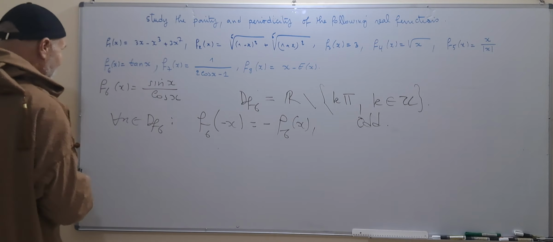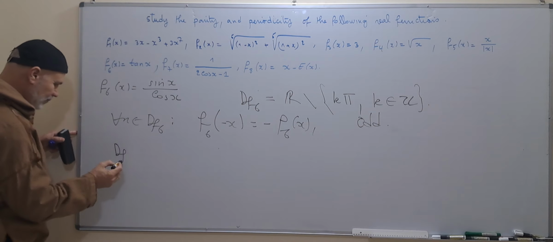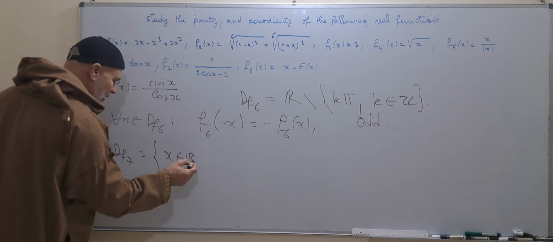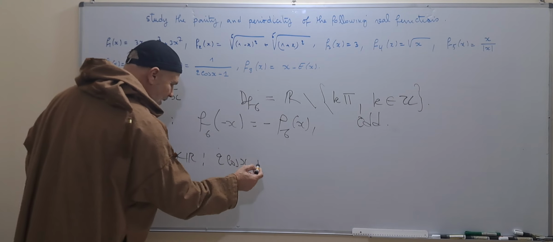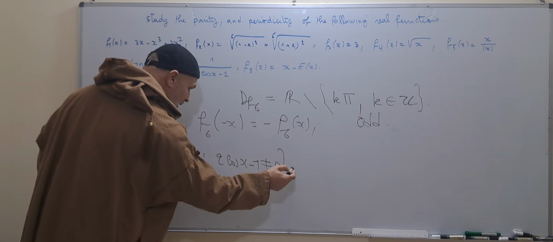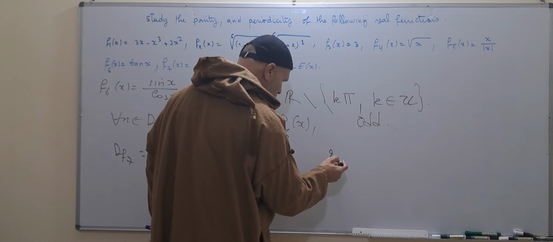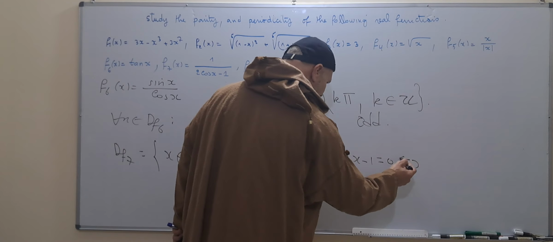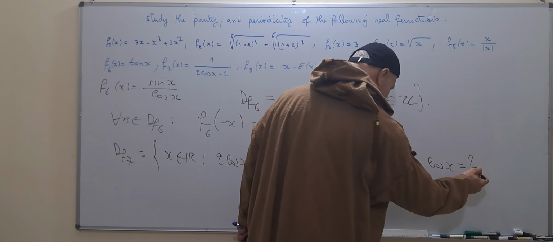How about f7? The domain of f7 is equal to x which belongs to R such that 2 cosine x minus 1 is different from 0. Let us solve this equation. 2 cosine x minus 1 equal to 0 means that cosine x equal to 1/2.